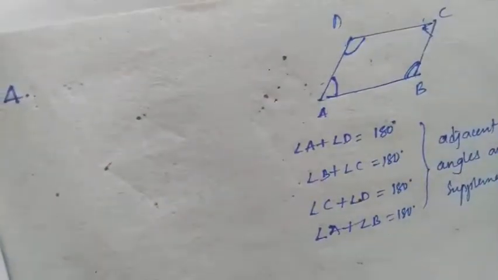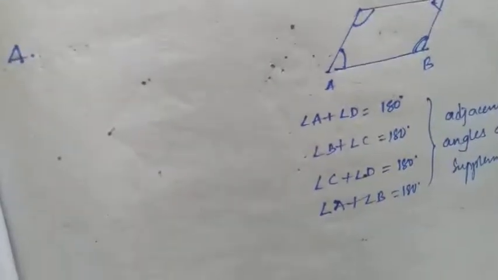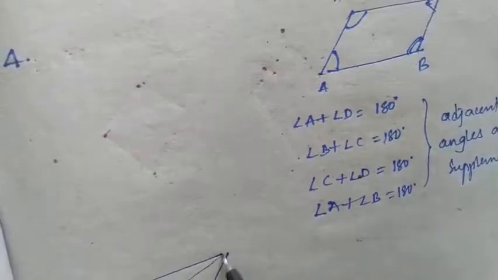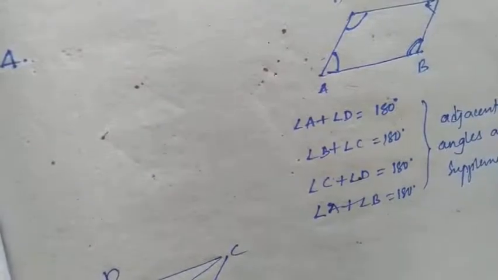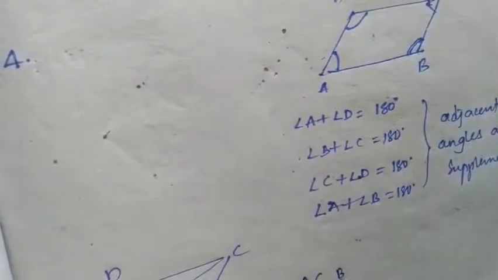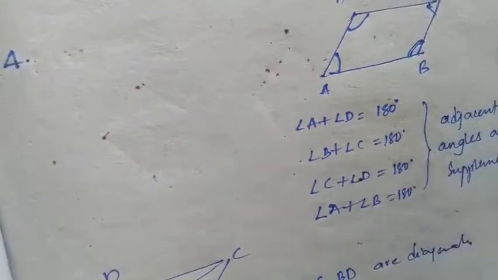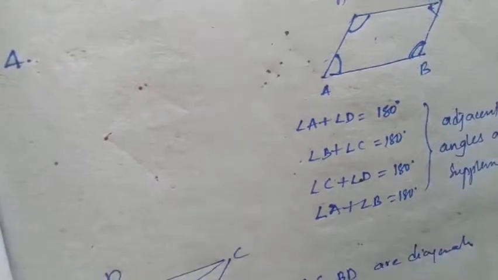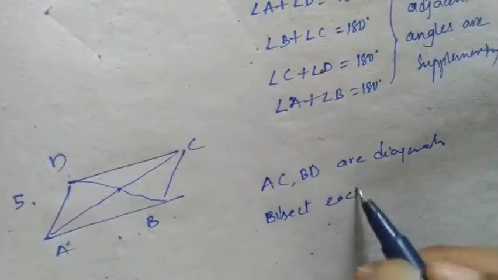Now let us see one more property of parallelogram. It is related to its diagonals. You take a parallelogram. If you draw the diagonals, suppose ABCD is the parallelogram and diagonals are BD and AC. AC, BD are diagonals. So what they'll do is they will bisect each other.